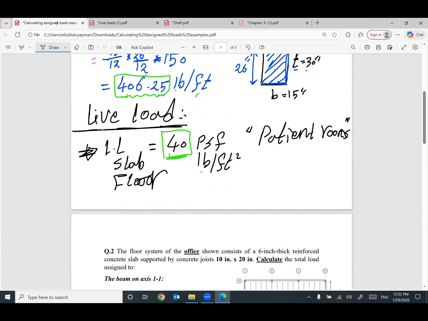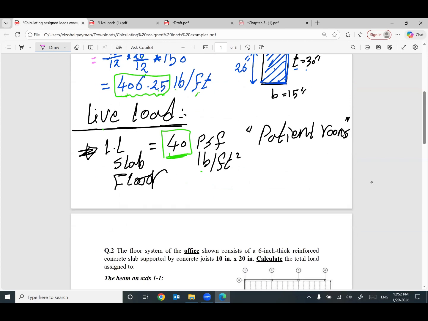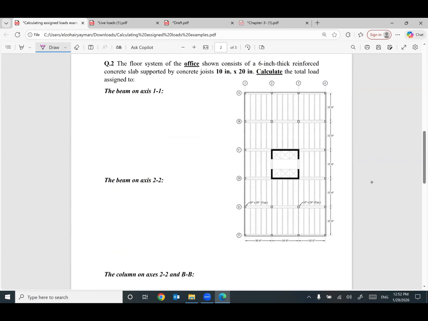Let's do another example and repeat what we did. This is a question from the exam last semester. We are talking about the floor system of the office shown, and we have a slab with a thickness of 6 inch, and the beams or the joists are 10 inch by 20 inch.